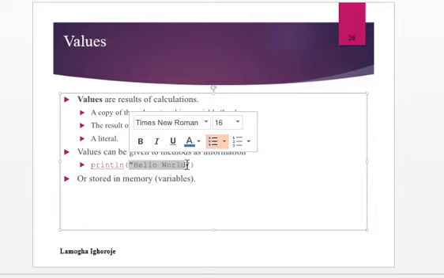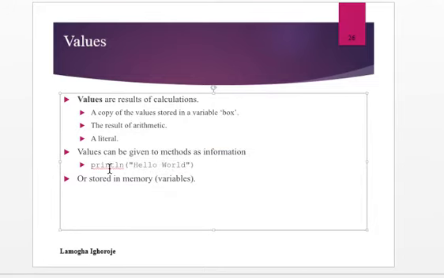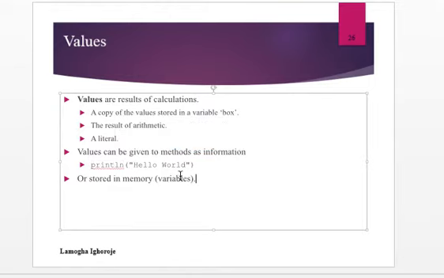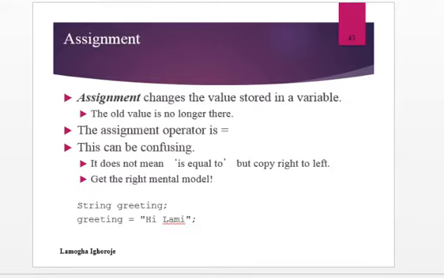For example, you can give a string straight into the print line method, and it's going to print that value for us, because the print line method already knows that it can receive different types of literals, such as strings and integers. So basically, that's about values.